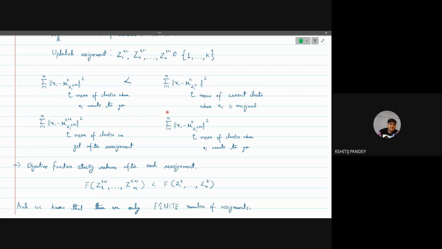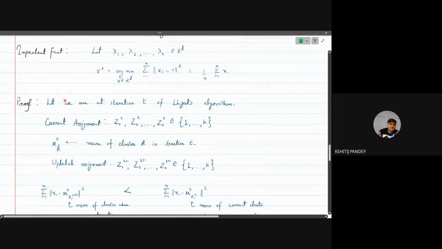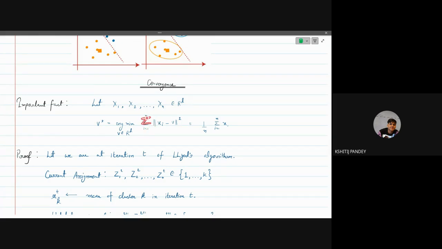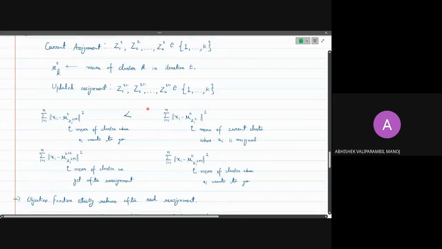Now what is the relation between these two? We have just discussed before starting the proof that the minimizer of the function, summation over i from 1 to n of the distance between a point and some vector v, is the mean of the data points, right? Correct.